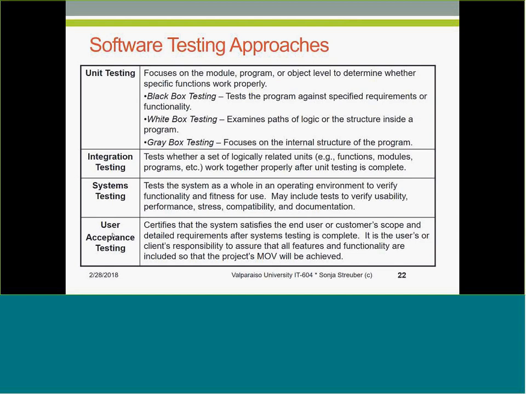Then comes the final and the most important test, where we take what we have built and put it in front of our user. We let our user either follow a defined test plan, or we let our user loose on our newly built product in order to perform the functions that they need to perform.